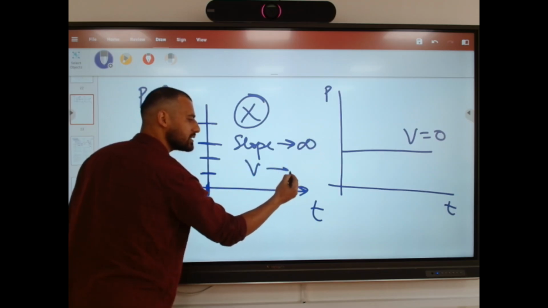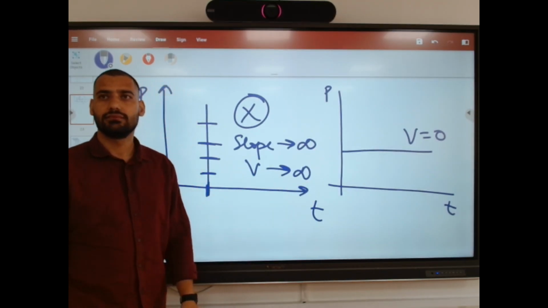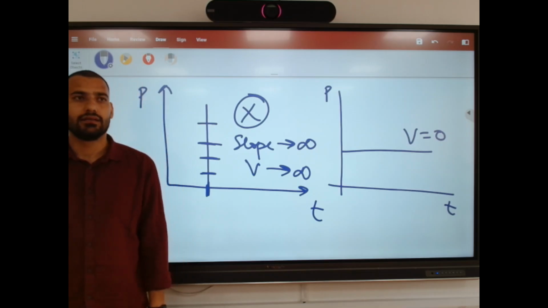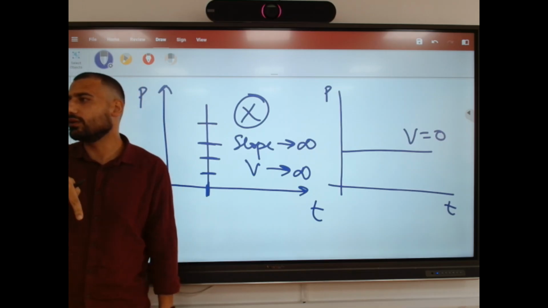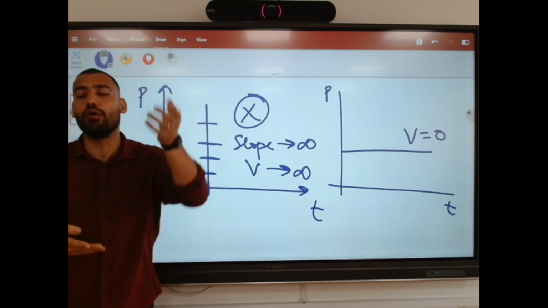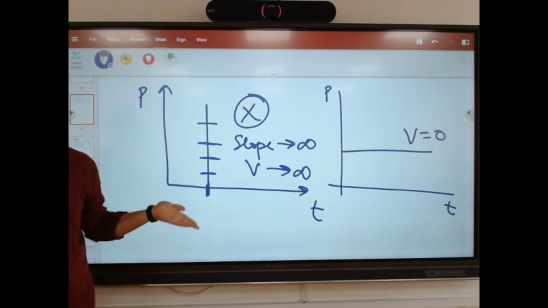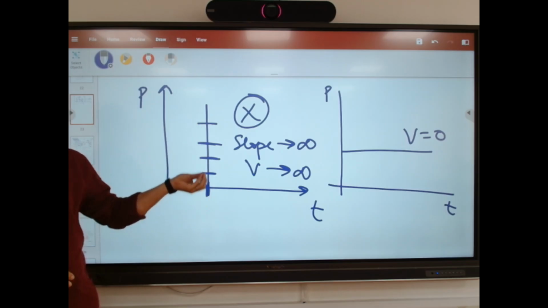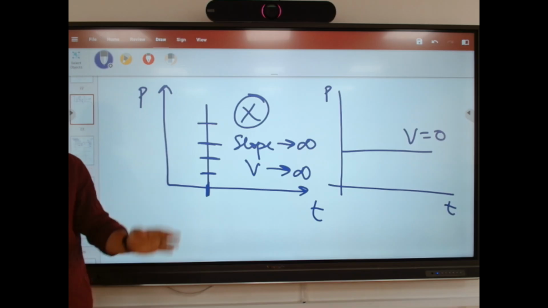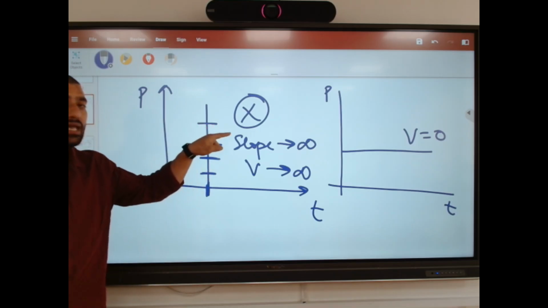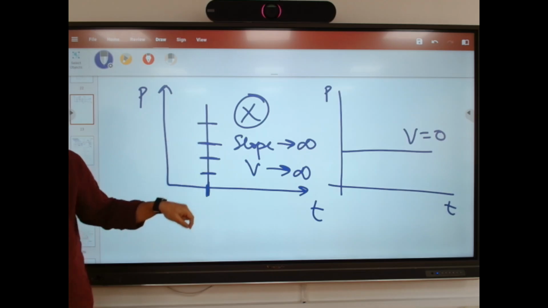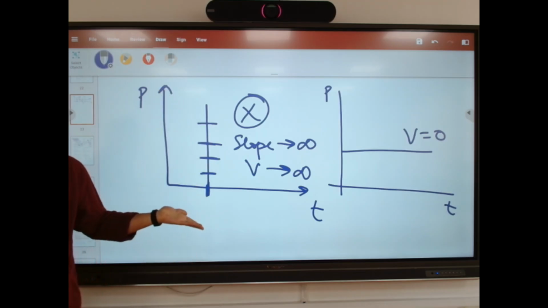That means velocity is infinite. Is it clear? Allahu Nuru Samawati wal Ard. He is present and he is omnipresent. This graph means omnipresent, and this graph is only for Allah Azza wa Jal, because He has the tendency to be present everywhere.